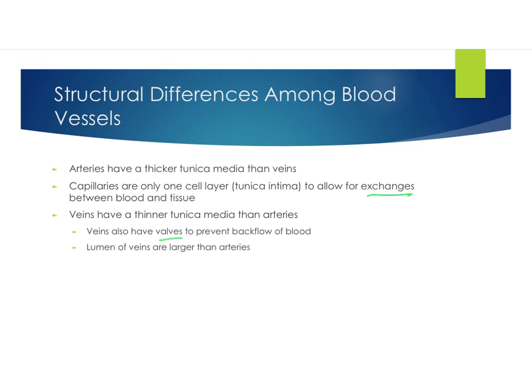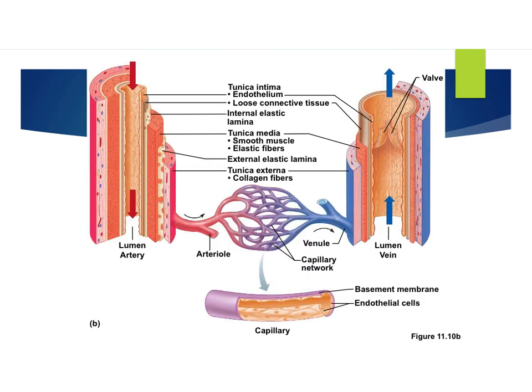They also have valves, which is a very important difference. And the reason that veins have valves is because the blood pressure in veins is lower. It prevents blood from flowing backwards in the veins. And the lumen, or the opening in the inside of veins, is larger than it is in arteries. So again, veins have valves, and that prevents blood from moving backwards.